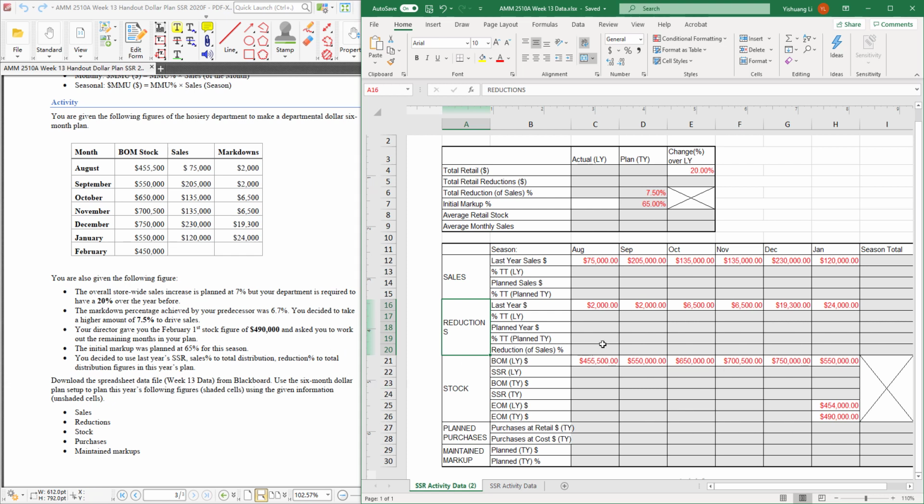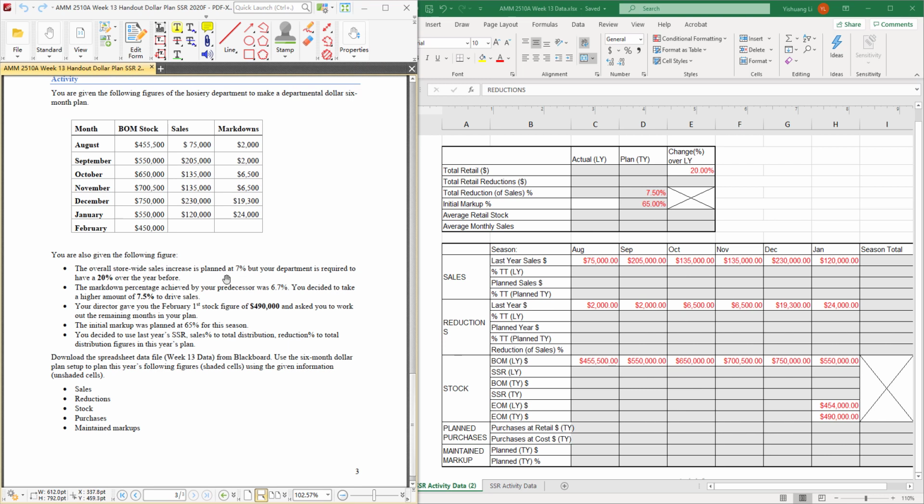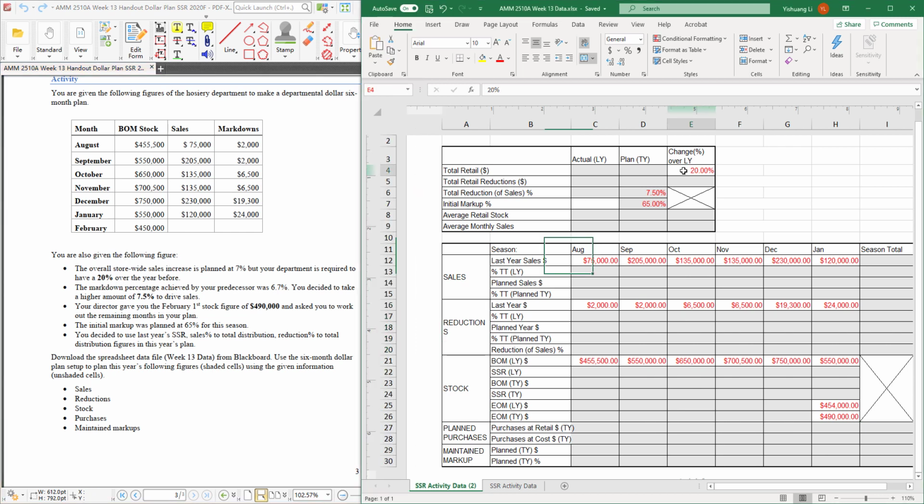And next, we have several other numbers to complete. Here it says the overall store sales increase is planned at 20% overall last year. So it means this year's planning sales is 20% more than last year's total retail sales. Since this is an overall number for the season, we usually put this overall number at the top table.